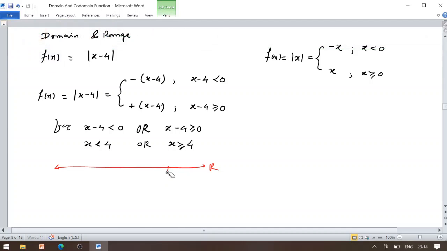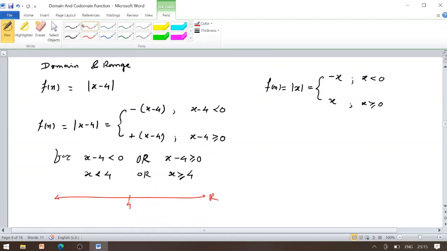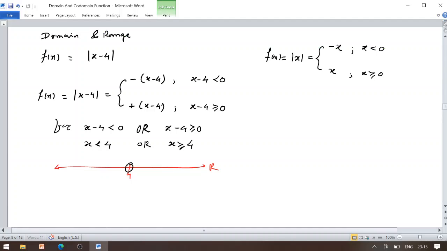firstly, strictly less than 4. So 4 is not included in the interval. So we have all the real numbers that lie just left of 4, strictly less than 4. Now for the second case, x greater than or equal to 4 means 4 is included in the interval, and whatever real number lies right of 4, those are greater than 4.